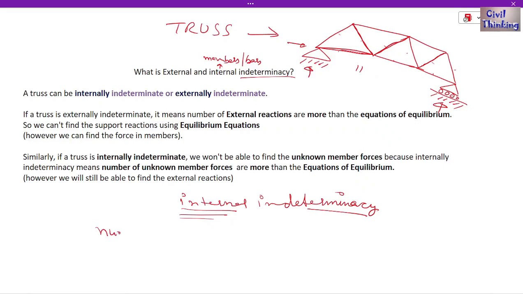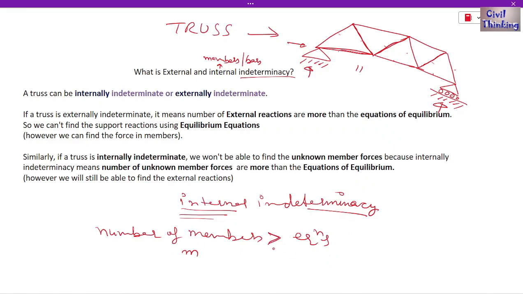When the number of members, let m be the number of members, are more than the equations, then what is going to happen?